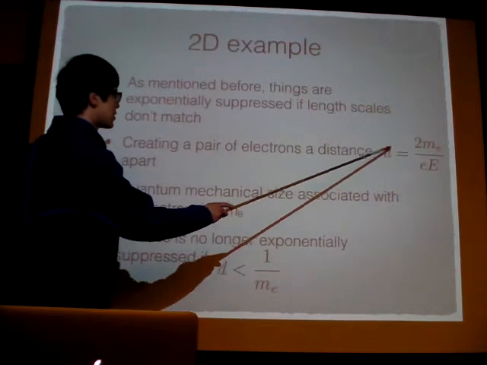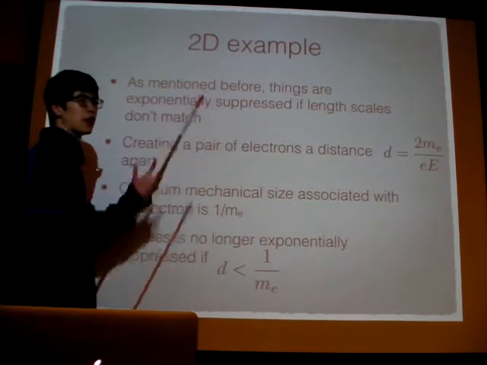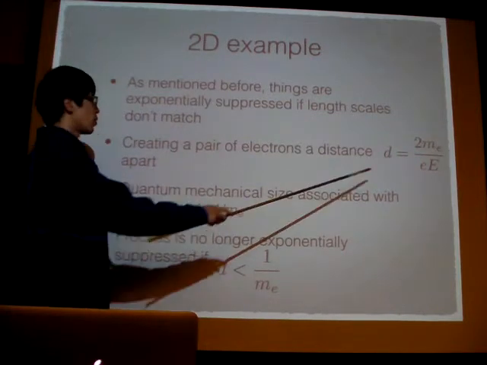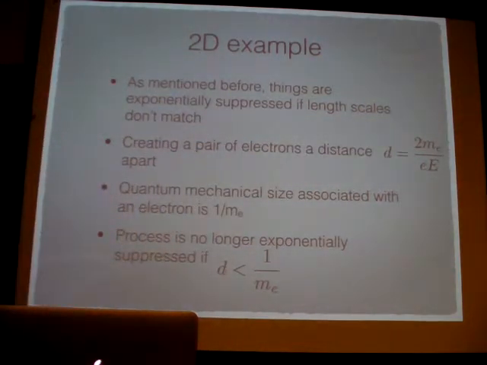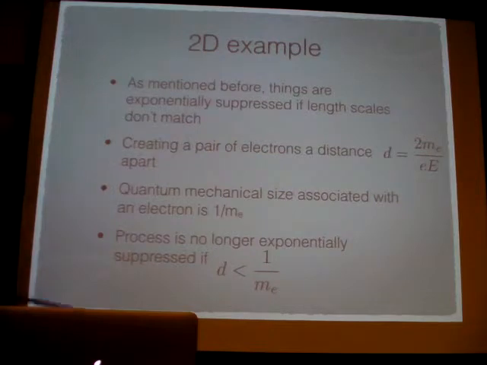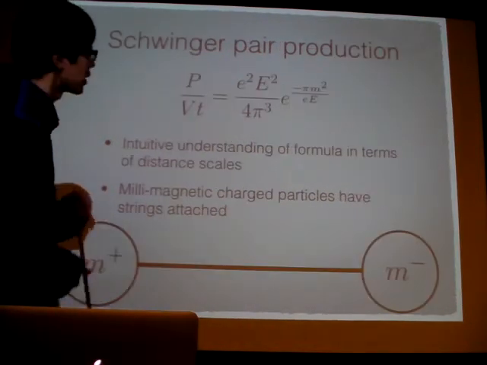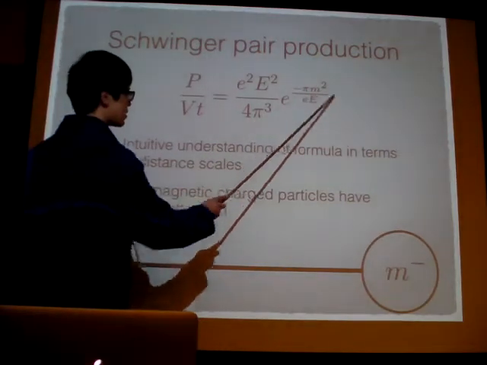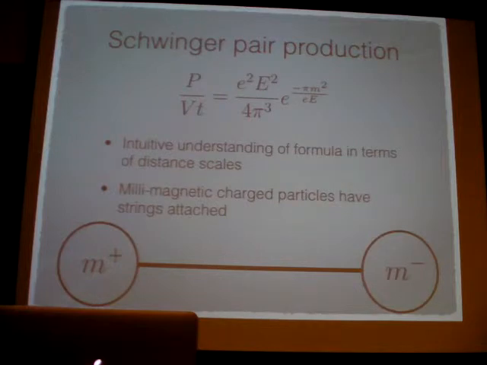well, if the distance is much larger than the fuzz, then you'd say it's exponentially suppressed. And it's only when this distance associated with Schwinger pair production is much smaller than the fuzziness of the electron are you able to proceed quickly. And you'll notice that that's exactly what you get here. This is exactly this distance over the Compton wavelength, like 1 over m.